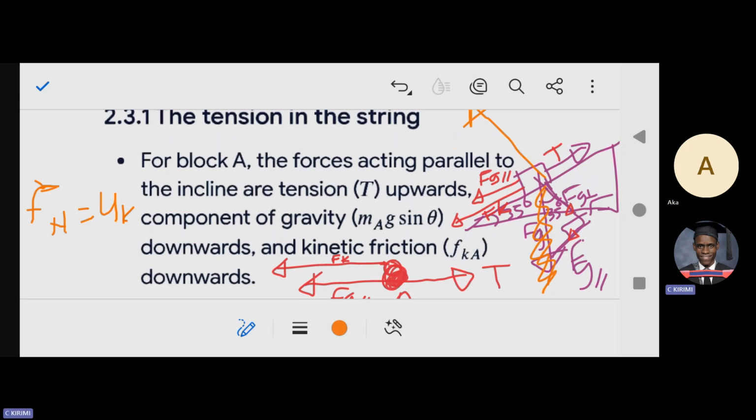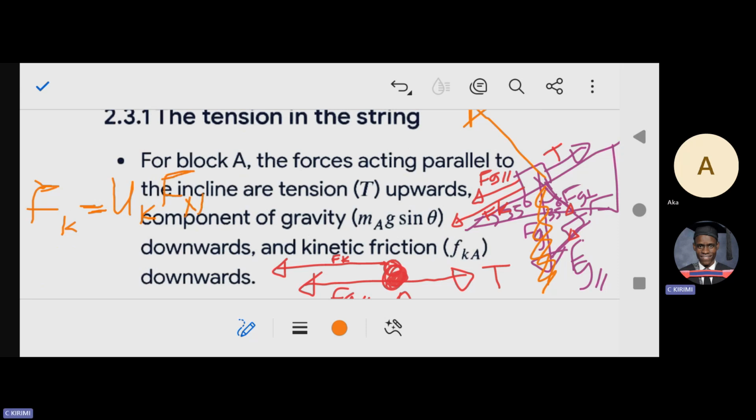Coefficient of friction multiplied by the normal force. How do you calculate frictional force? Fk equals the coefficient of kinetic friction multiplied by the normal force, isn't it?